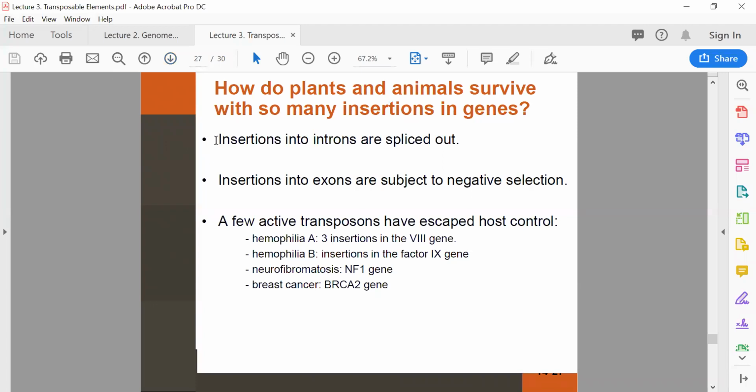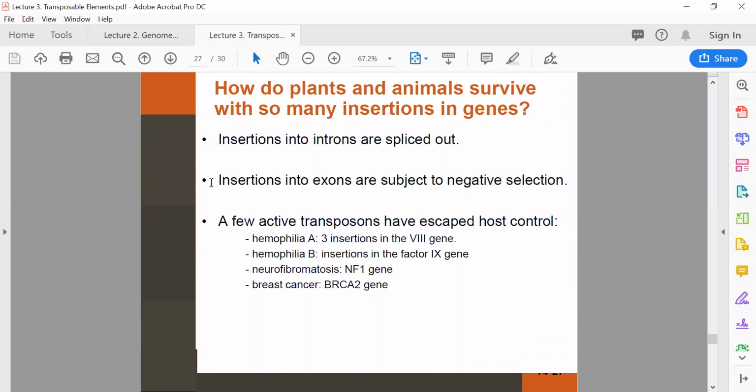Firstly, all transposable elements that are inserted into introns will be spliced out during the normal processing of RNA, because of course introns are spliced out. So in that regard, normal gene function is retained.